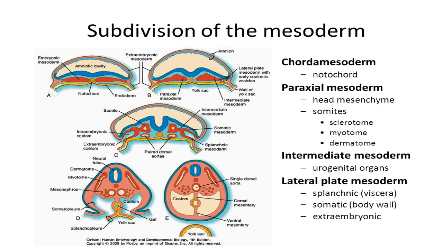So remember at the end of the third week, we have the neural plate gradually forming the neural groove. You can see it in blue on top there, which gradually fuses together, and you can see the mesoderm layer, which is in red, gradually differentiating. That is in diagram C, to give rise to the different aspects. You can see the somite with a middle space.